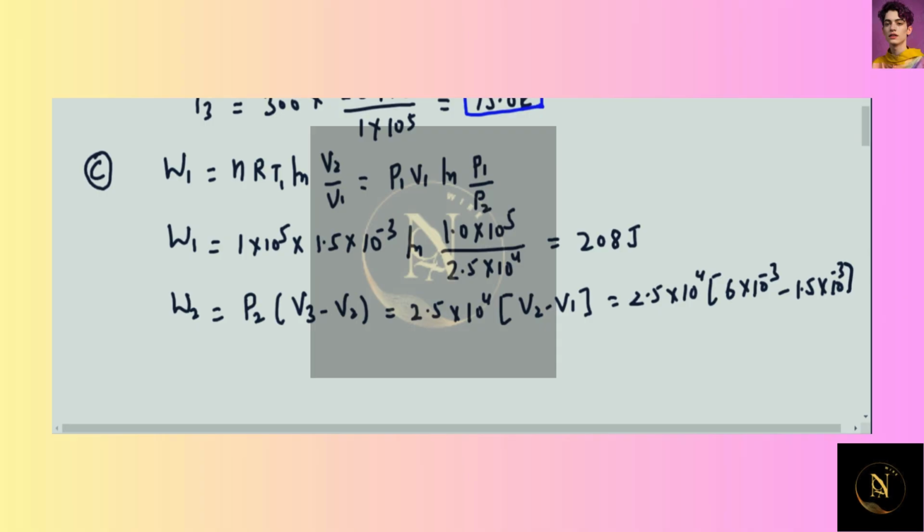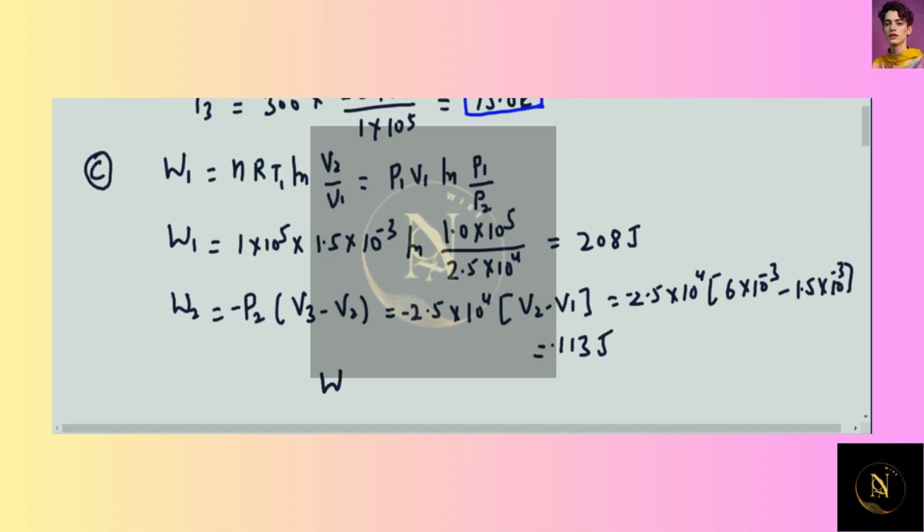So on solving it, this would be 113 joule. And this will be negative because it is finally compressing.